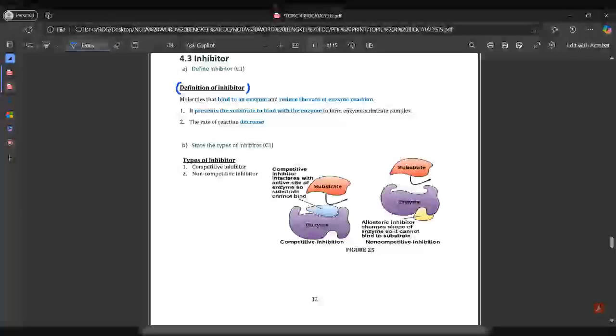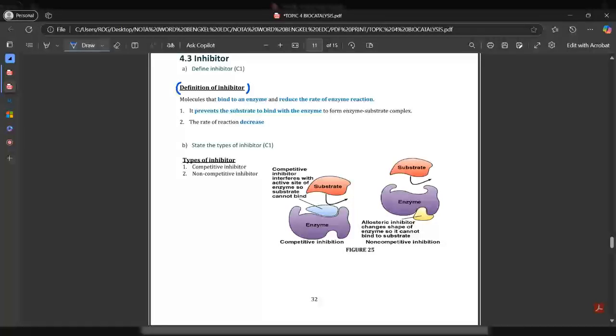But in the absence of an inhibitor, the enzymatic reaction also increases. Vice versa, when an inhibitor is present, the rate of the enzyme reaction will reduce. So an inhibitor is a molecule that is able to reduce the rate of enzymatic reaction.